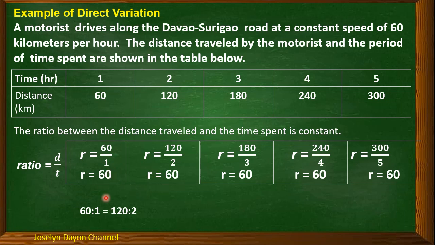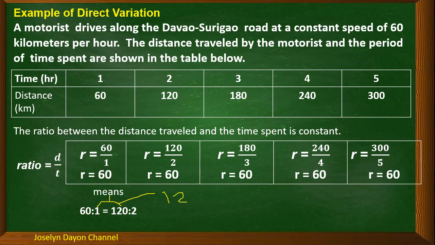Here we can also denote the ratio. We have here 60:1. So we can now form a proportion. 60:1 is equal to 120:2. Now if we multiply the means, 1 and 120, the product is 120. 1 times 120 is equal to 120.